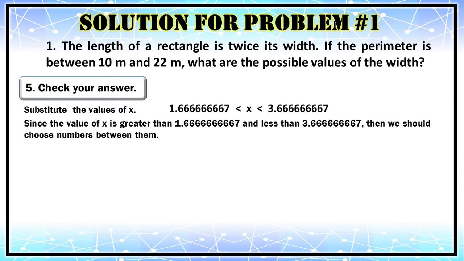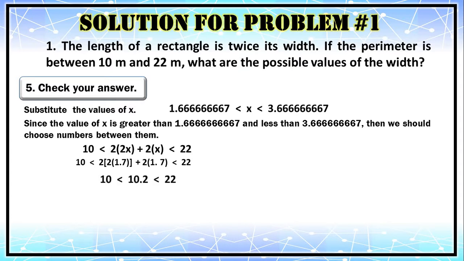So we have our equation, and I chose 1.7 as the first value. So we have 2 multiplied by 1.7 plus 2 multiplied by 1.7 is greater than 10 and less than 22, and that becomes 10.2 is greater than 10 but less than 22, and that is correct.